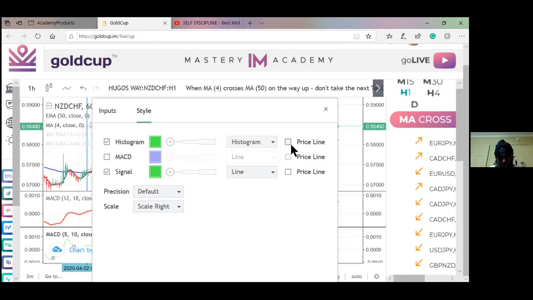Turn on price line. Oh, this is gonna be black. Turn it up. Well, not that big. Turn this up. Then this gonna be scale left.